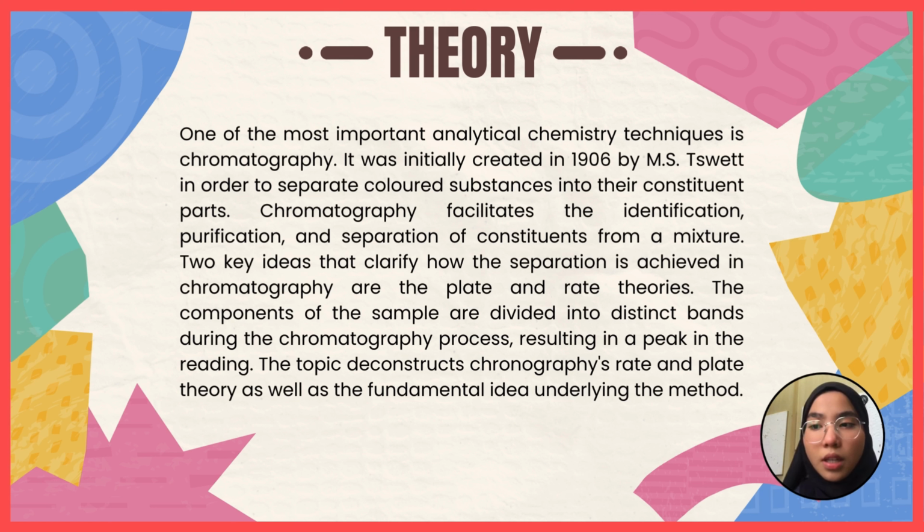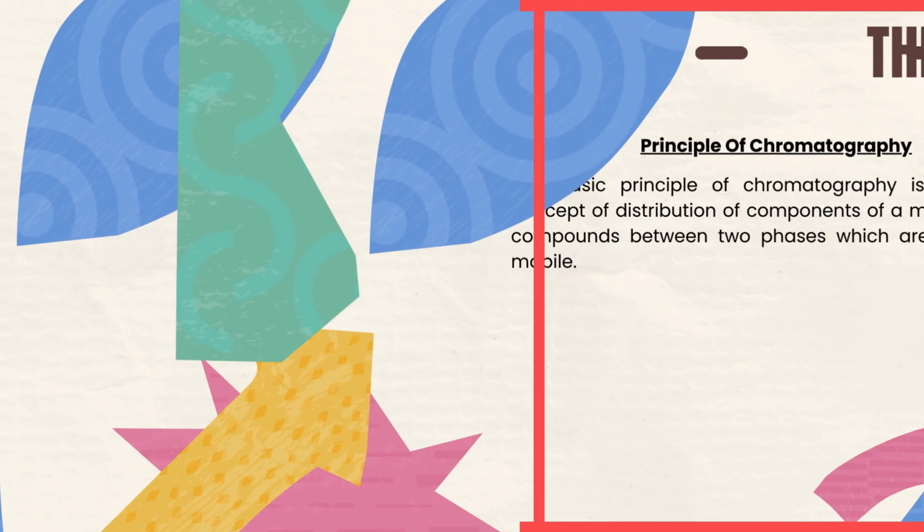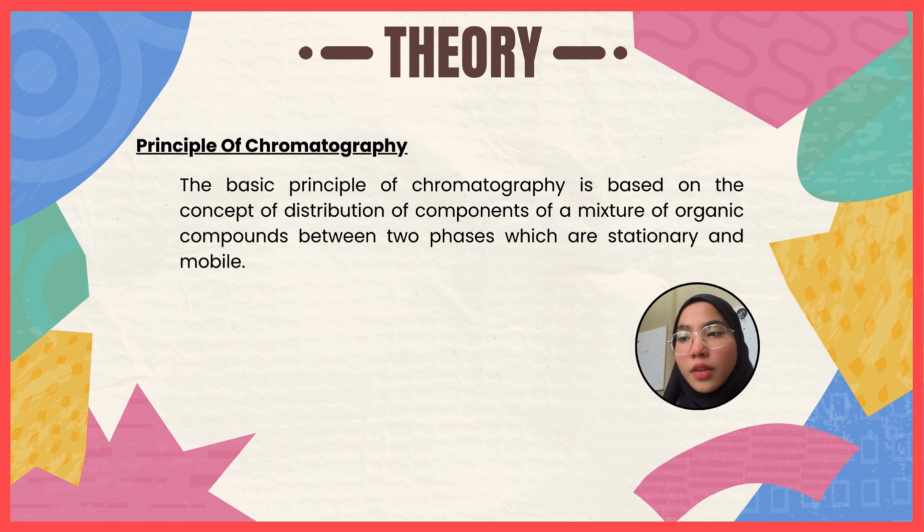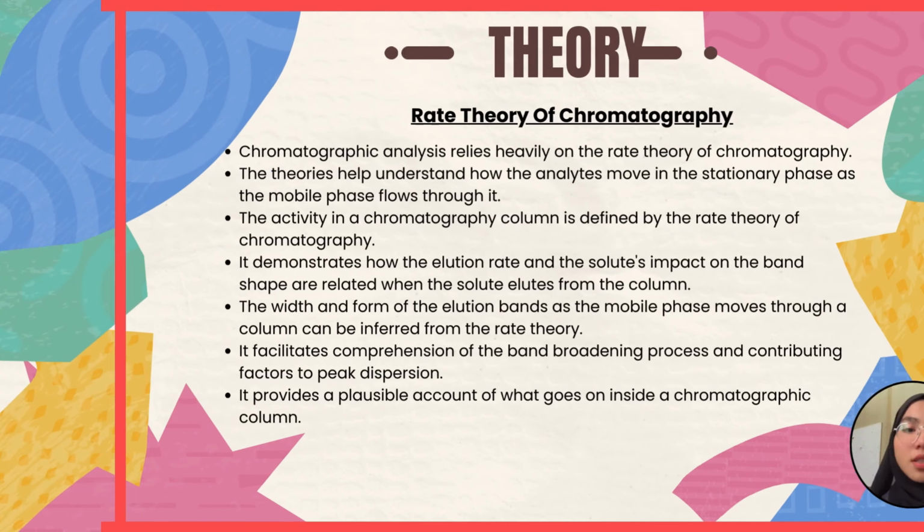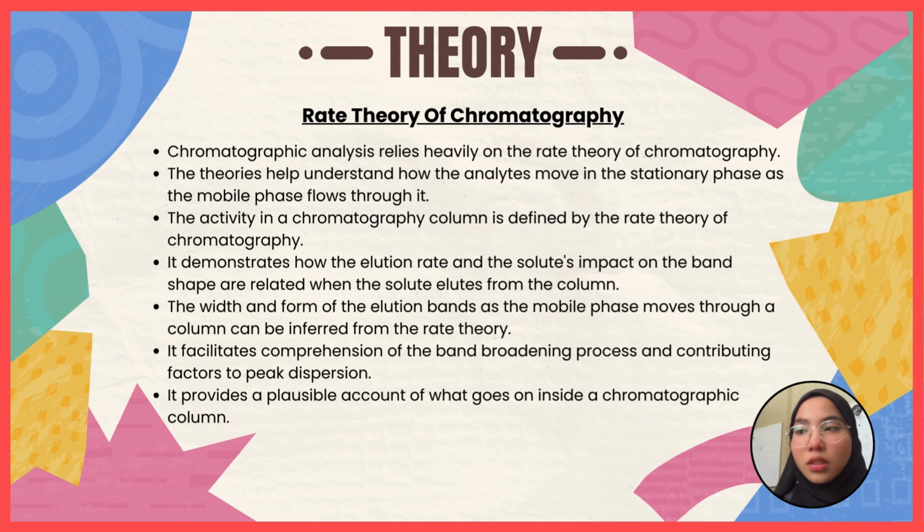This topic deconstructs chromatography's rate and plate theory as well as the fundamental idea underlying the method. The basic principle of chromatography is based on the distribution of components of a mixture of organic compounds between two phases, which are stationary and mobile. This is the rate theory of chromatography.